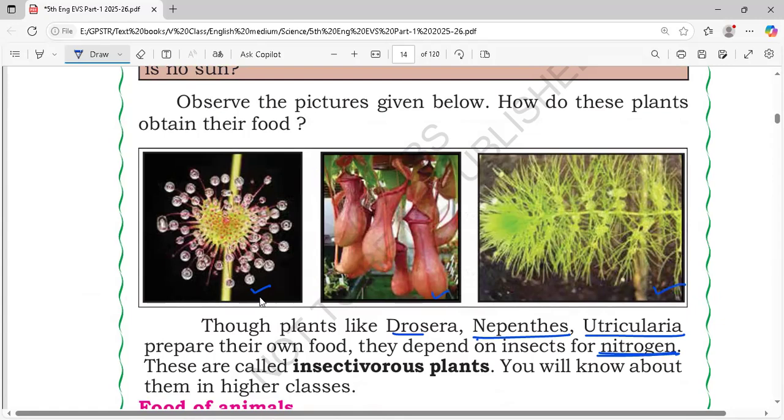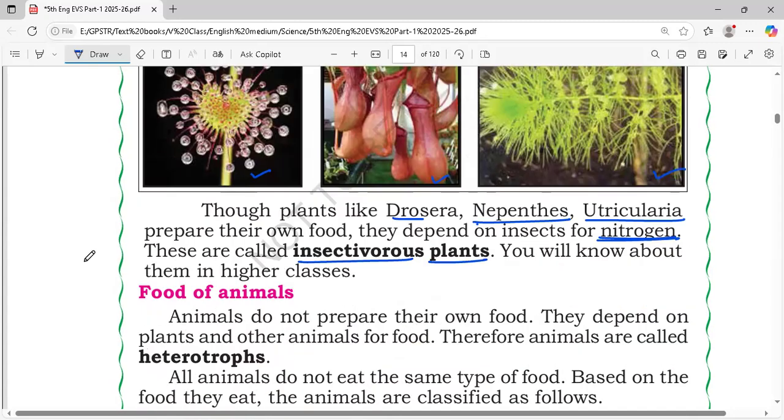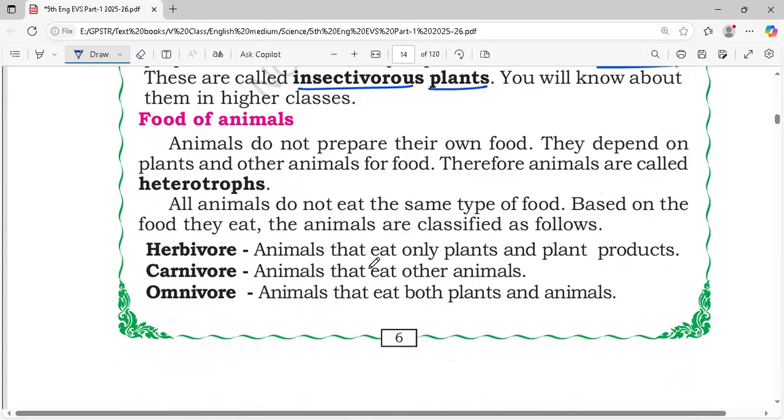These are called insectivorous plants because they eat insects for nitrogen. You will know the characteristics of these insectivorous plants in higher classes.